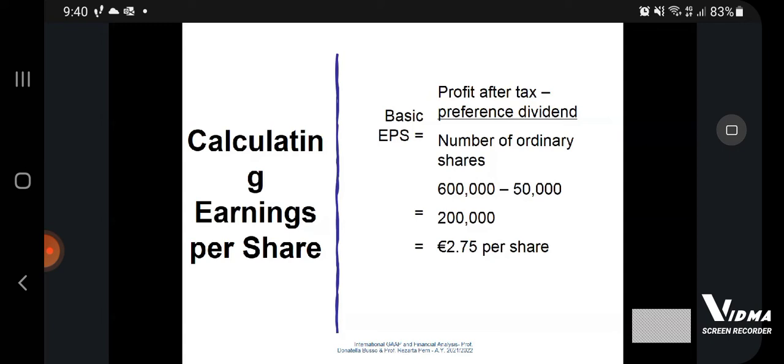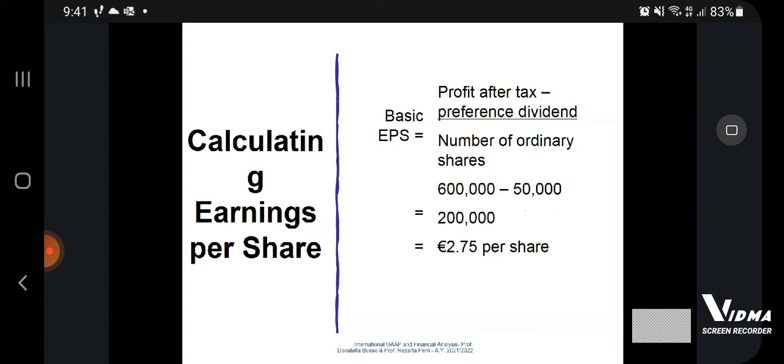So the preferred dividend will be distributed to preferred shareholders. What is left is the amount of profit available to common shareholders. That is 600,000 profit of the year less 50,000, which is the preferred dividend. This is compared with the number of ordinary shares, 200,000.